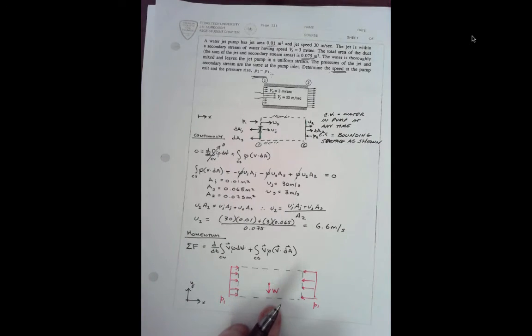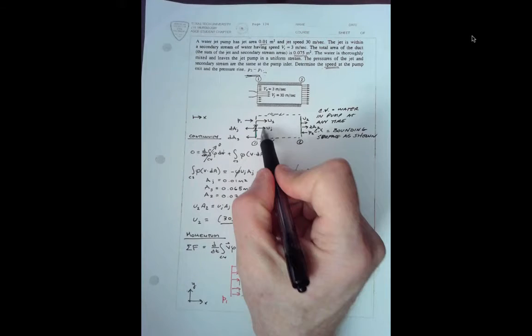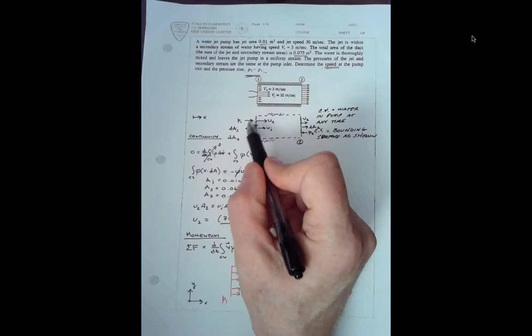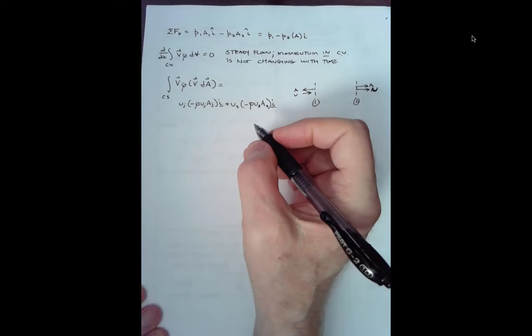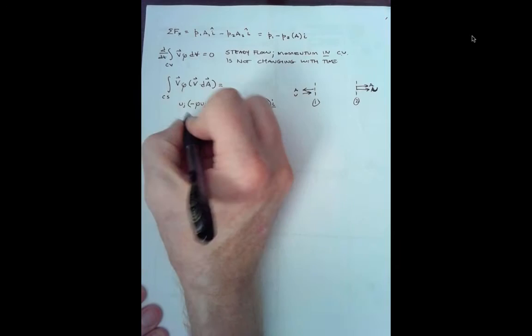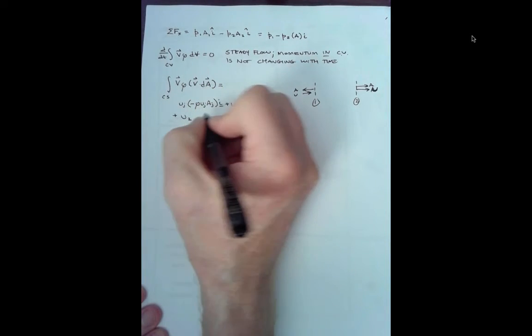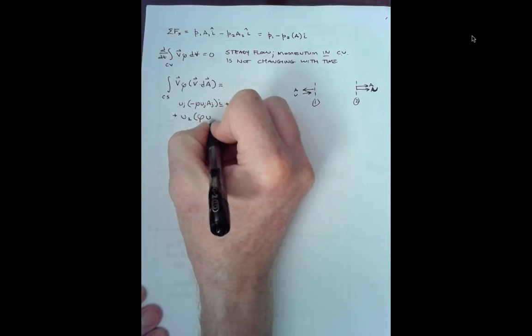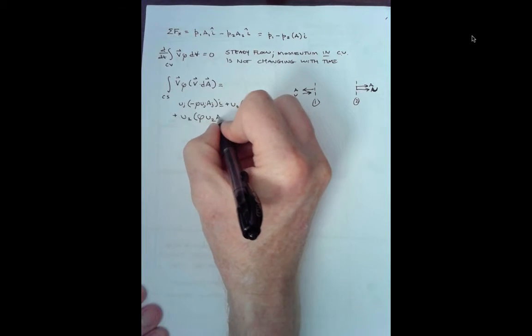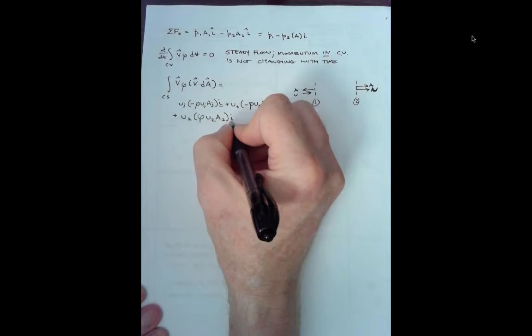So that's the momentum of the jet entering and the momentum of the free stream entering. Plus, at the right edge, U2 times rho U2 A2 in the i direction.